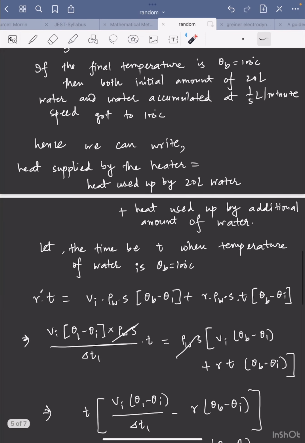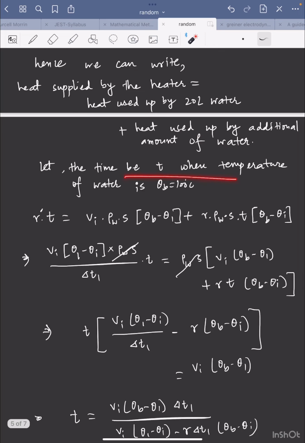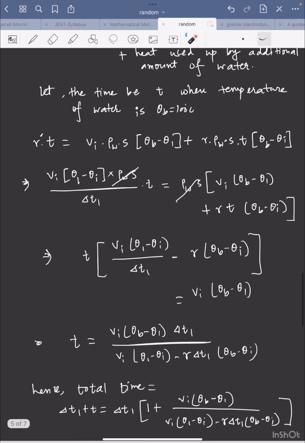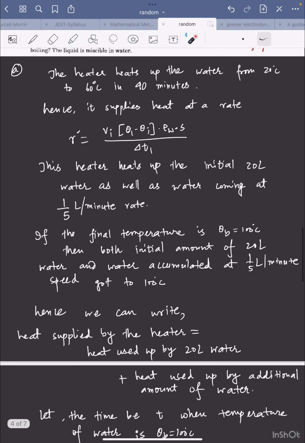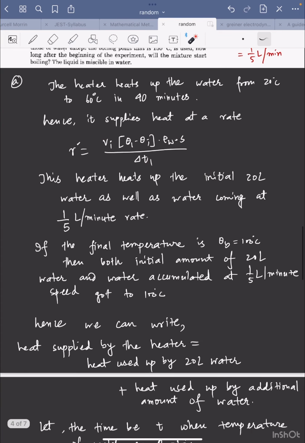So we can say the heat supplied by the heater equals the heat used up by the 20 liter water plus the heat used up by the additional water. Let the time be t when the temperature of water is theta b equals 100 degrees centigrade. This R dash is the rate of heat provided by the heater.